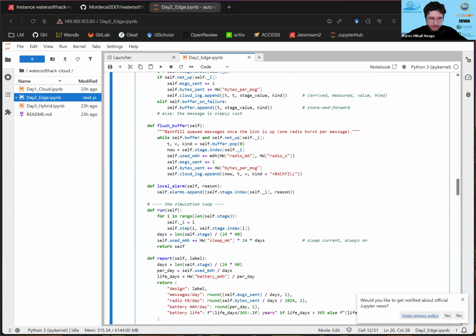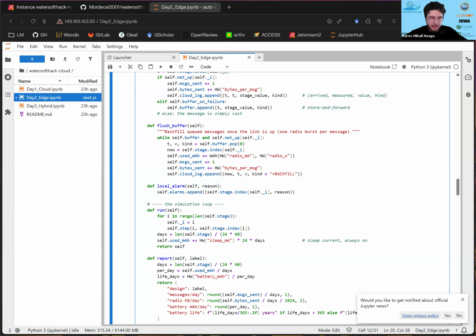Now, ability three: flushing the buffer. What it means is we try to do a backfill, which is while there are buffered messages and the link is back up, we try to resend all of them in one burst.